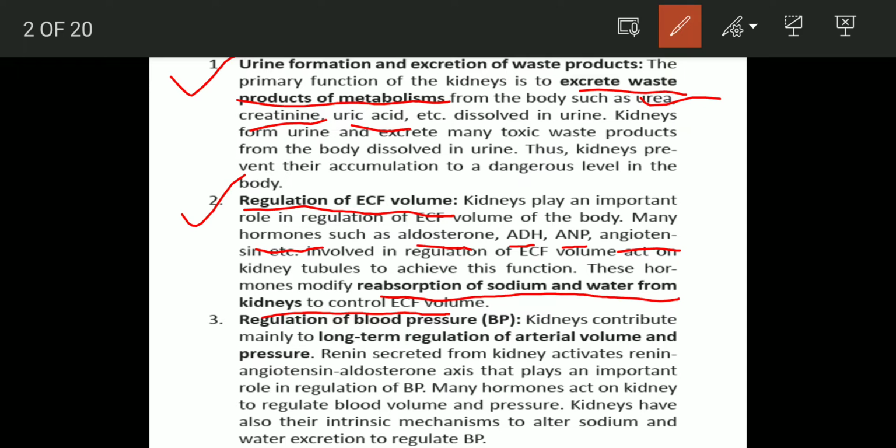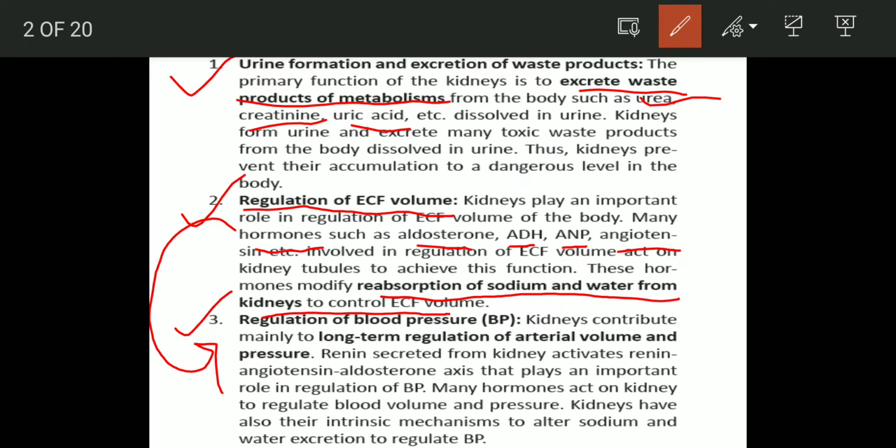So this ECF volume is basically maintained. It is neither too high nor too low. This has to be maintained. Once the ECF volume is maintained, and the proper concentration of sodium and water is maintained, this will lead to a proper flow. It helps in your regulation of blood pressure. Then the third one is the regulation of blood pressure. As the regulation of the ECF volume is maintained, this will also lead to regulation of blood pressure.